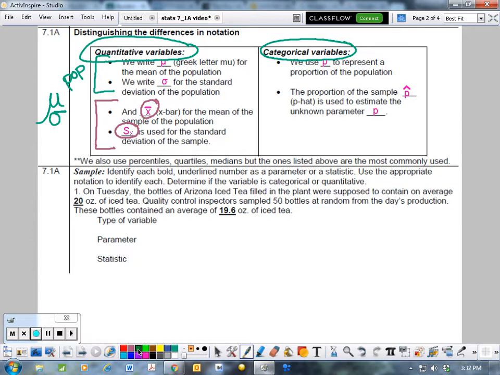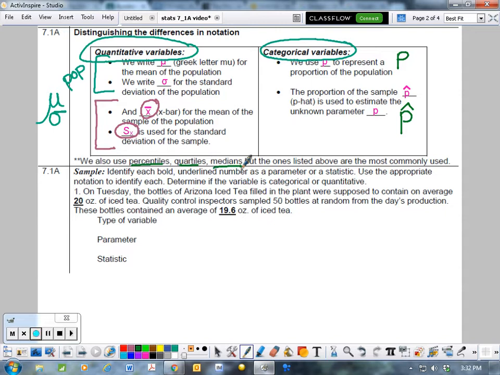When we're dealing with proportions for our categorical variables, p is going to represent the proportion of the population, and p-hat is the proportion of the sample. So again, different notations that we use depending on if we're talking about the population or the sample. We also use percentiles, quartiles, and medians, but the ones above are the ones we most commonly use.